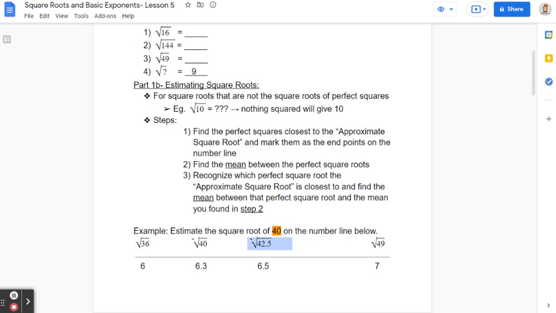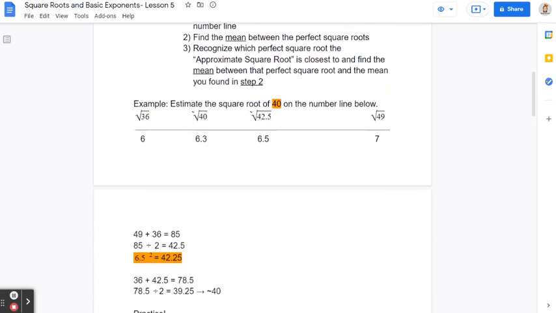So it's going to be more to the left. Now we have to find the mean between that perfect square, which is 36, and the mean we found in step 2, which was 42 and a half. So doing that, 42 and a half plus 36 is 78.5, and dividing that by 2 gives us approximately 40. And when we find the square root of 40, it gives us 6.3, and this all works out perfectly.